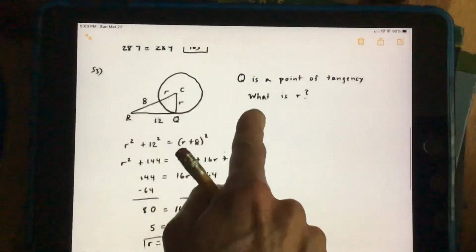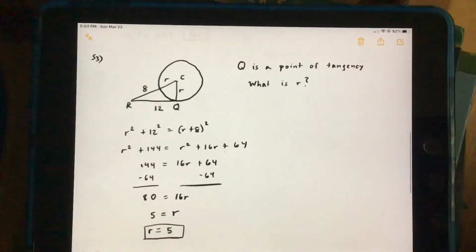Finally, for our last sample, sample 3, we are asking the question, what is the length of the radius r, knowing that Q is in fact a point of tangency? Because Q is a point of tangency, that guarantees that RQ and CQ are in fact perpendicular to each other, forming a right angle.